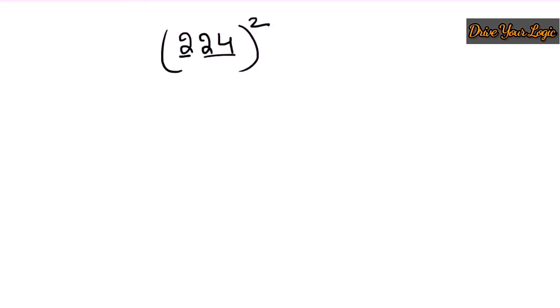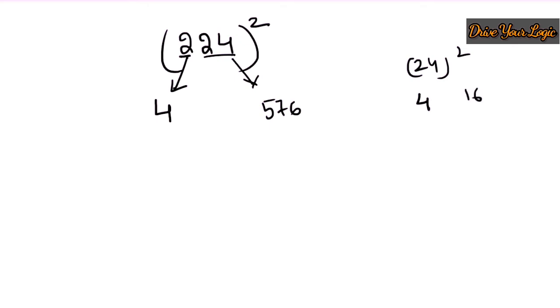So 2 square is how much? 2 square is 4. 24 square, you can find out. 24 square is 576. You can use the square trick of 2-digit numbers: 2 square is 4, 4 square is 16, 2 into 4 is 8, 8 into 2 is 16.